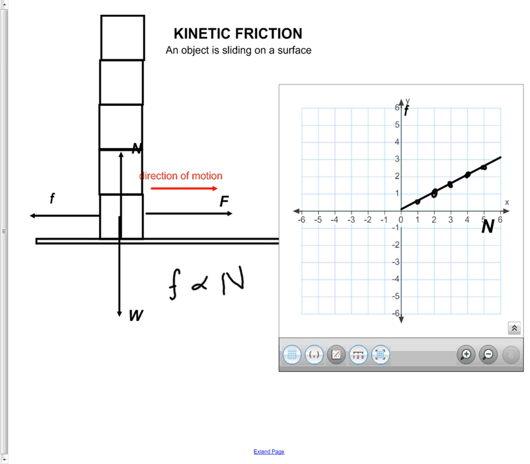Now we can ask ourselves, what else does the frictional force depend on? For normal circumstances where the forces are not too big, we find that there is essentially no other quantity that the frictional force depends on. It does not depend on the surface area. What it does depend on is what the two surfaces are.